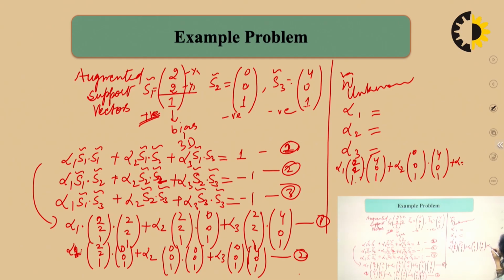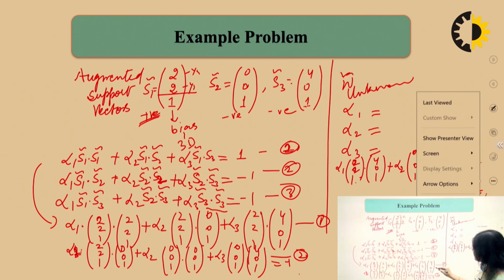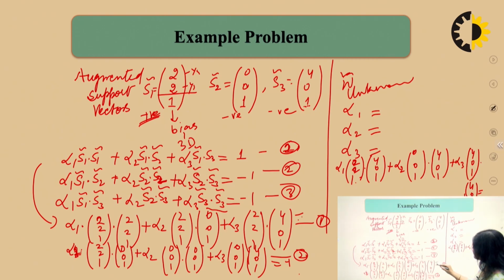Then alpha 3, you get from S3, S3. So S3 is 4, 0, 1, finding a dot product with 4, 0, 1, like this. This will be equal to -1, and this will be equal to +1, right?